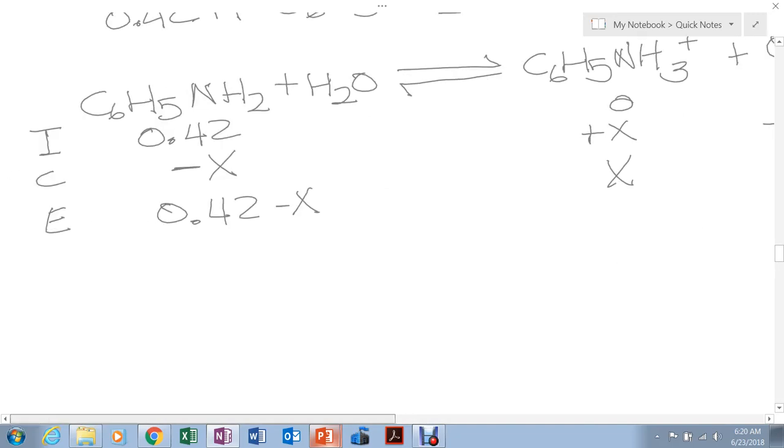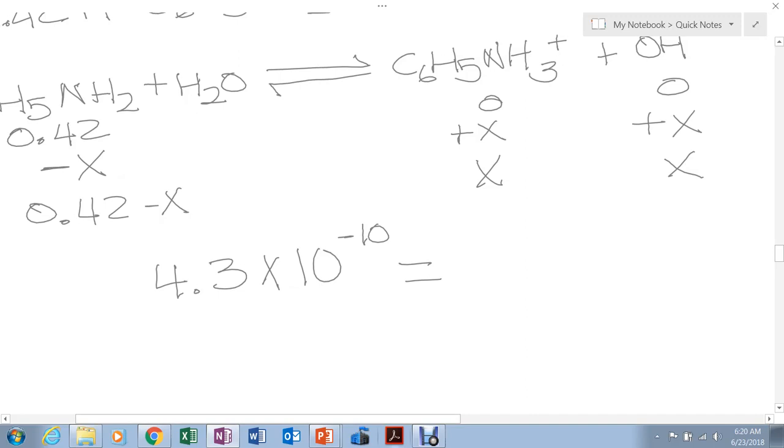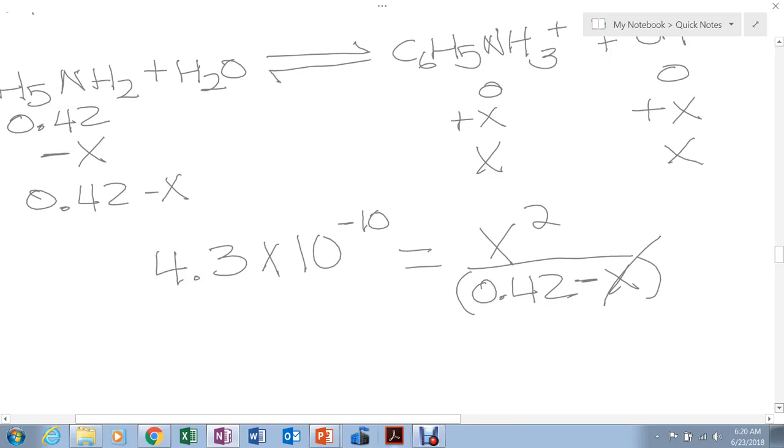The Kb that I gave you, if you want to find it in the book or on the internet, is the same one. 4.3 times 10 to the negative 10 equals x squared divided by 0.42 minus x. First of all, this is very small, so there's no doubt that you can drop that x.